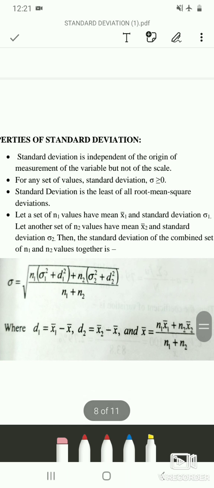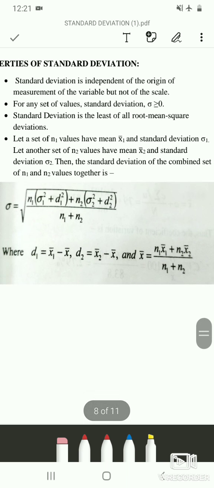So the formula for d1 is x1 bar minus x bar, and the formula for d2 is x2 bar minus x bar, where x bar is equal to n1 into x1 bar plus n2 into x2 bar divided by n1 plus n2.